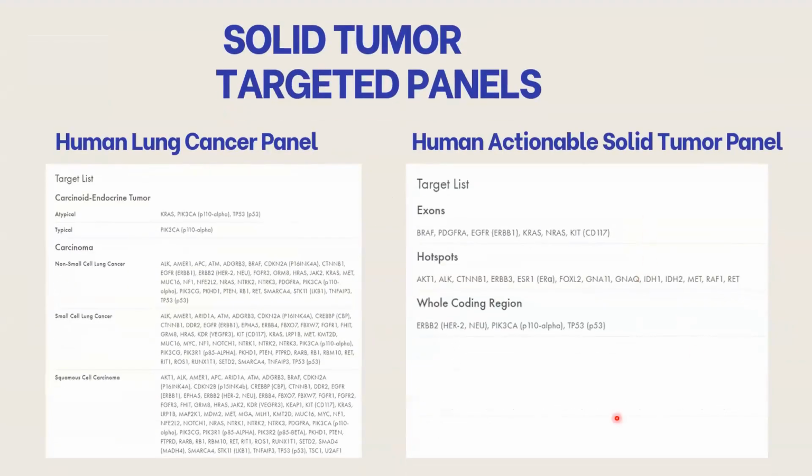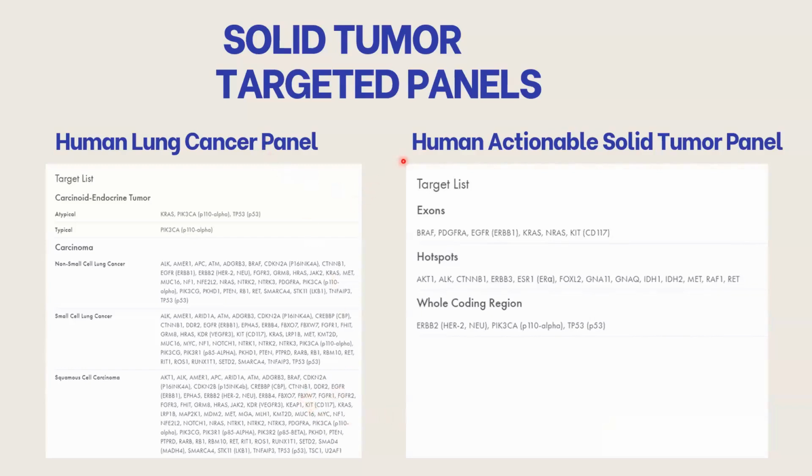Okay, so the solid tumor targeted panels, these are examples that I have obtained from manufacturers as an example of the targeted panels that are already designed. Of course, you have some, I think, like the Thermo Fisher, they allow you to design your own panel. For example, if you are interested in some genes or you know a certain cancer that has certain genes, you can design your own panel.